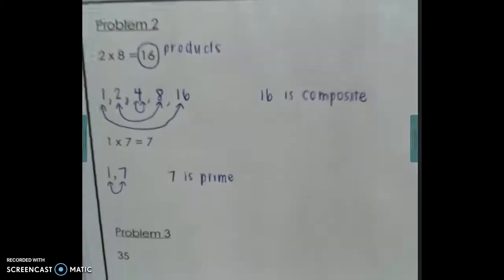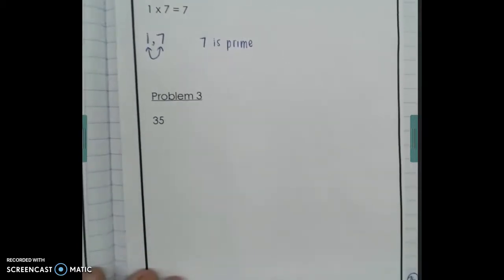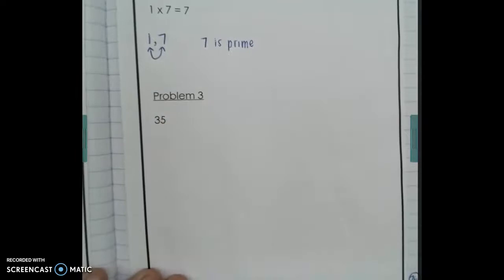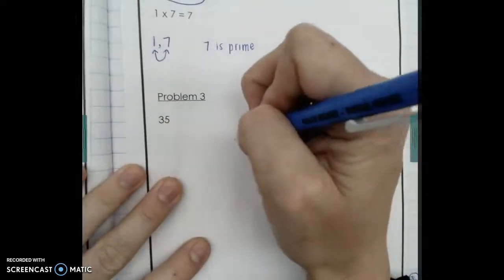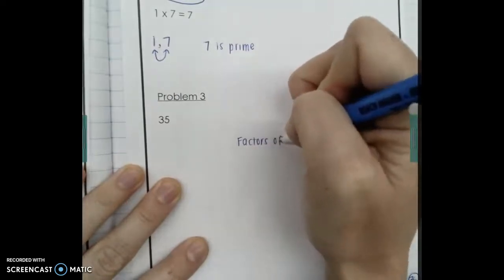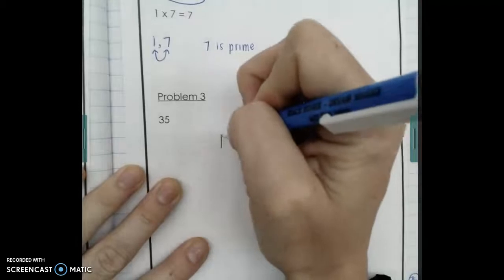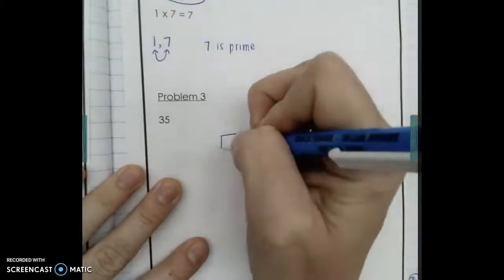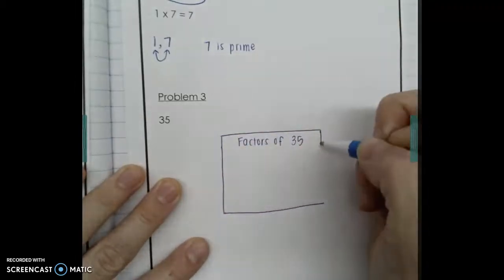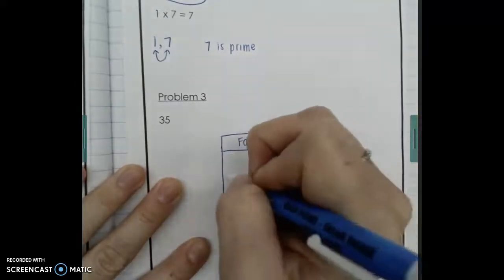All right. On problem 3, I want you to think of all the factors that go into it. So we're going to make a little table called factors of 25. And what I want you to do on your table, and we'll check it tomorrow, is list the factors of 25.